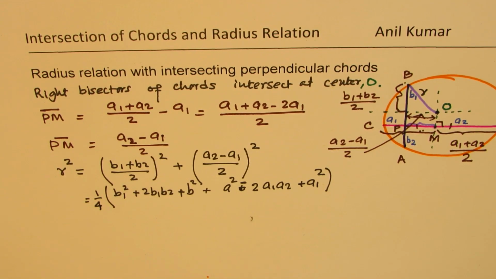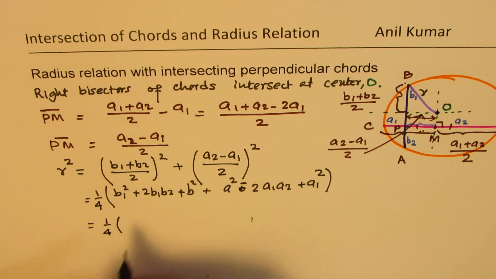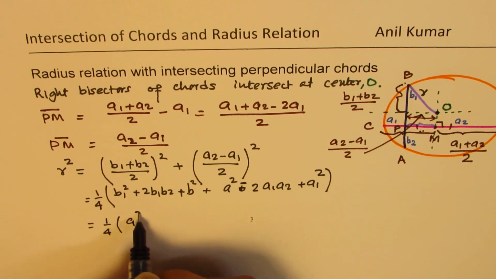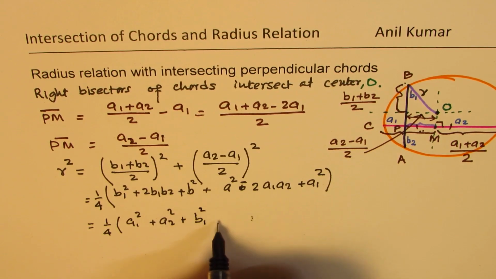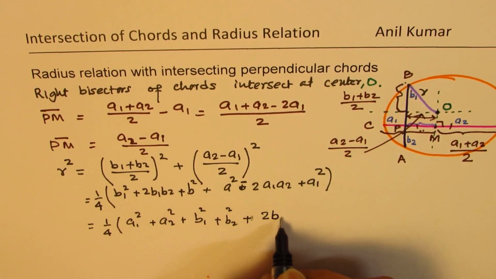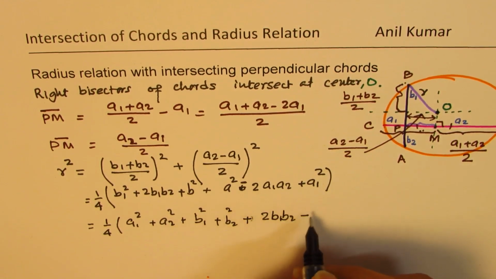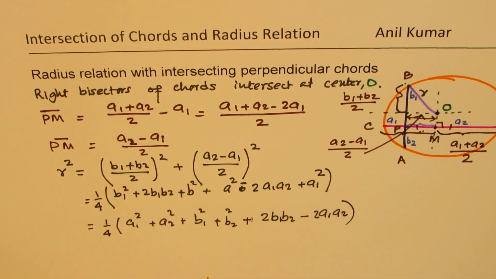Okay. Now let me rearrange this. Write this as 1 over 4 times a1 square plus a2 square plus b1 square plus b2 square plus we have 2b1 b2 minus 2 a1 a2. Clear?